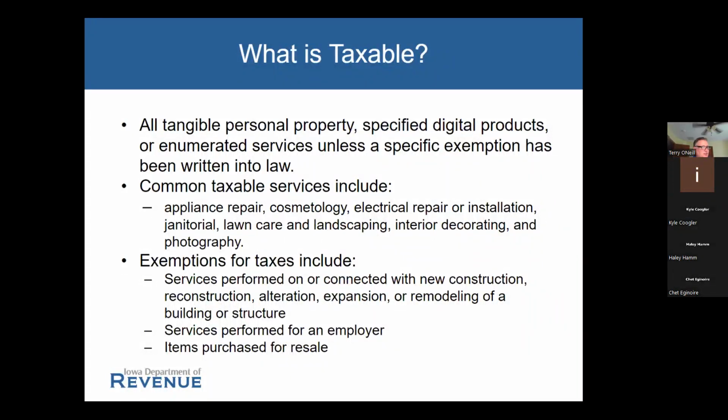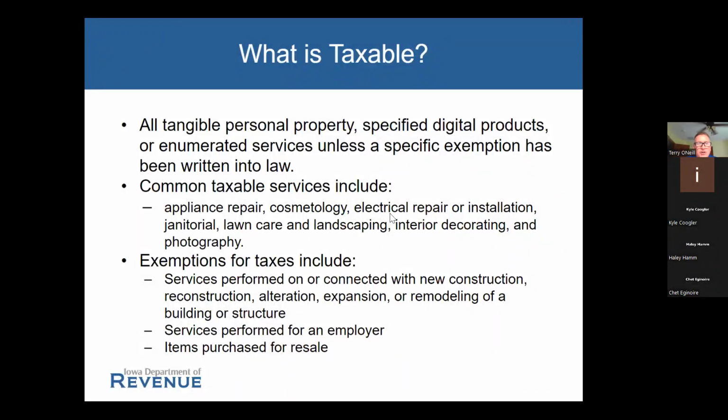Exemptions for taxes include, and this is not all of them by any means, I'm just giving you some examples of some common ones. The first exemption to services is services performed on or connected with new construction, reconstruction, alteration, expansion, or remodeling of a building or a structure. So what am I saying here? Well, if you look up there a little higher, I said electrical installation is a taxable service.